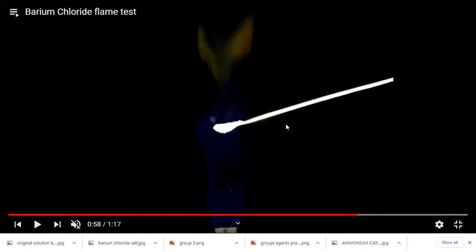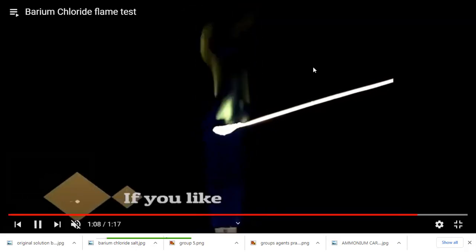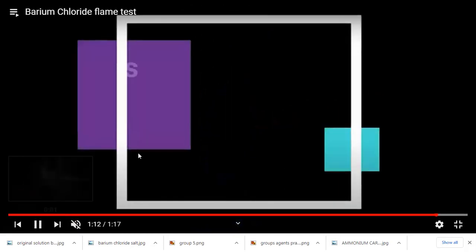You can see it once again that when we bring the salt near the flame, especially the oxidizing flame, we observe the green color flame. This is known as the grassy green flame.